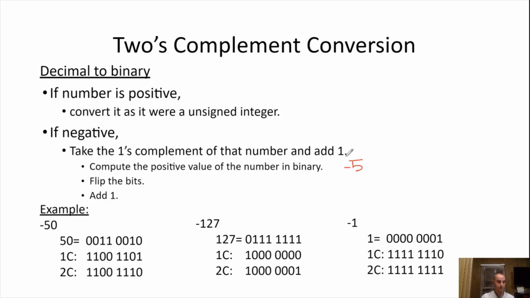We first calculate 5 in binary. Then we flip that because it's a negative number. So that's going to be one's complement. And then we add 1 to it. That's going to be our two's complement.